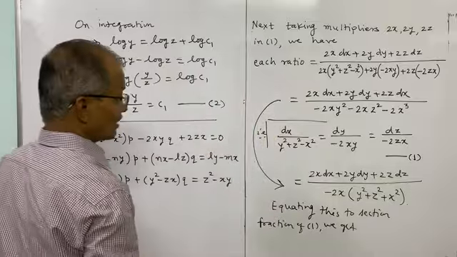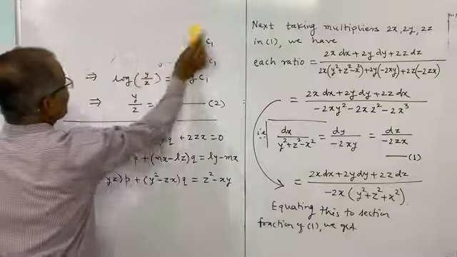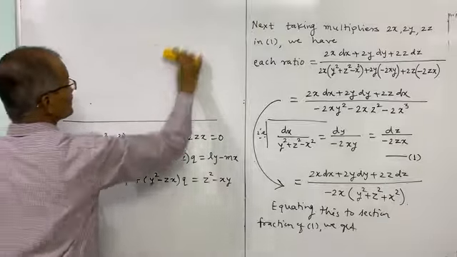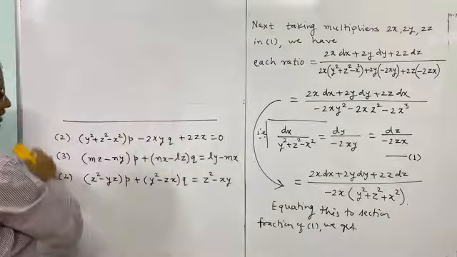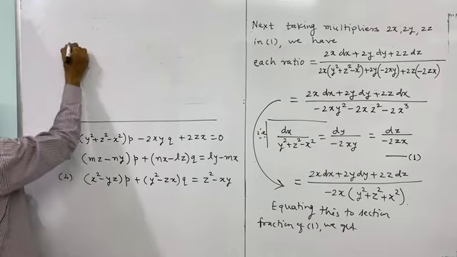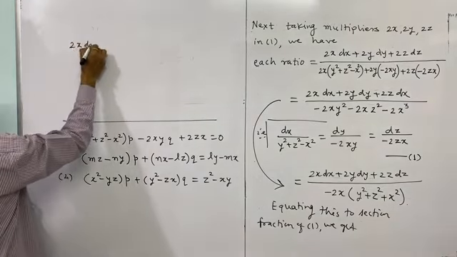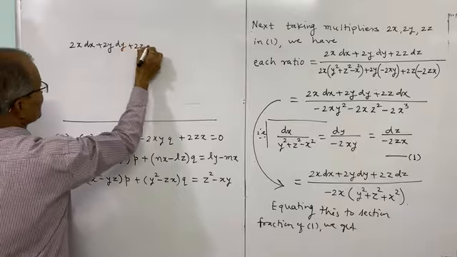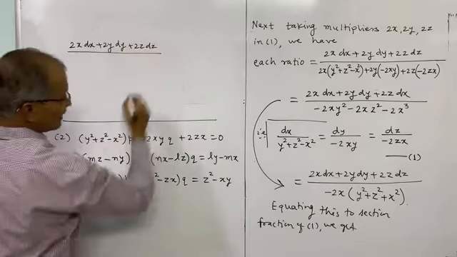We get, now see, what we shall get is 2x dx plus 2y dy plus 2z dz divided by.